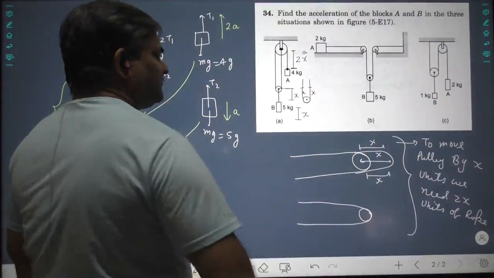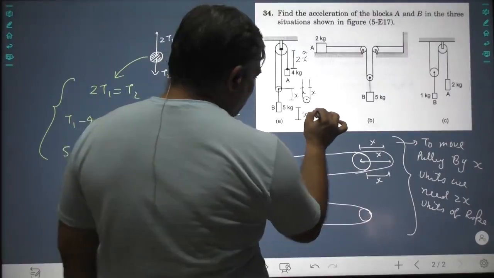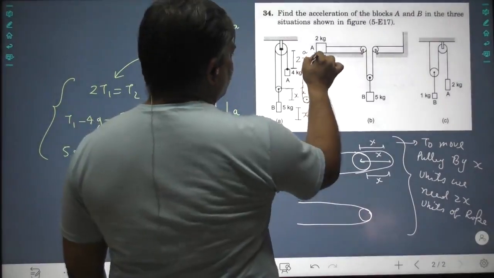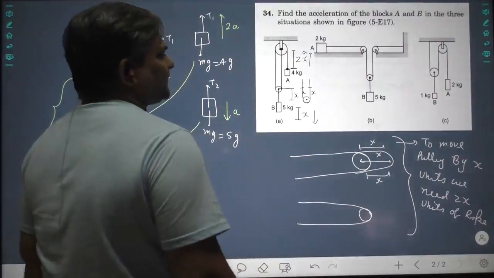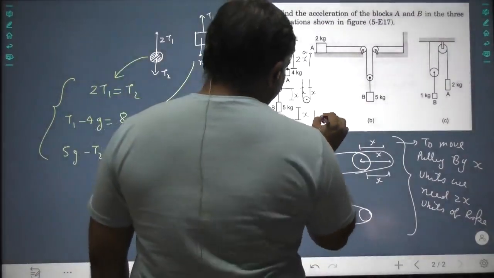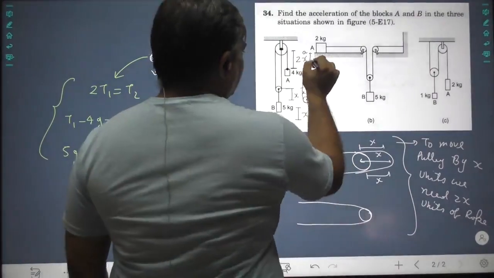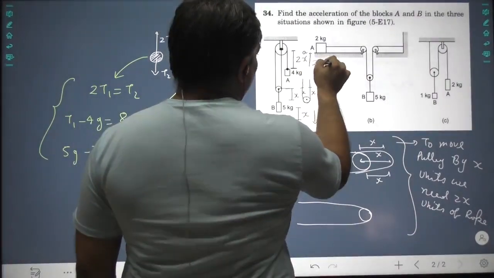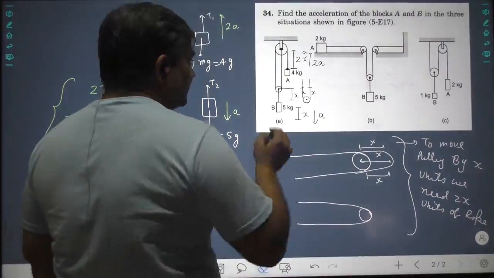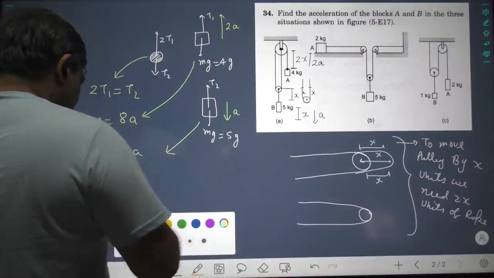So if this moves x unit down, then this moves 2x units up. That means if this has acceleration a downward, then this will have acceleration 2a upward. Is this now clear to you?